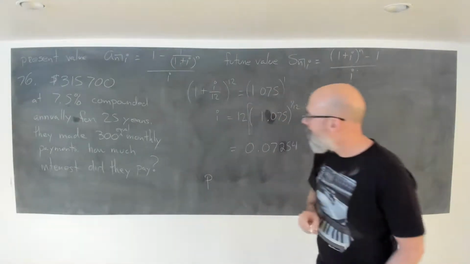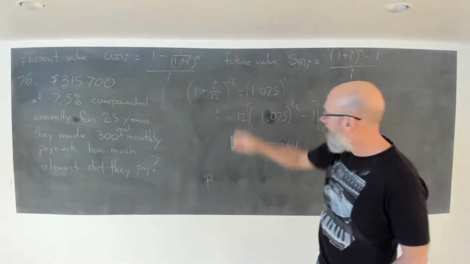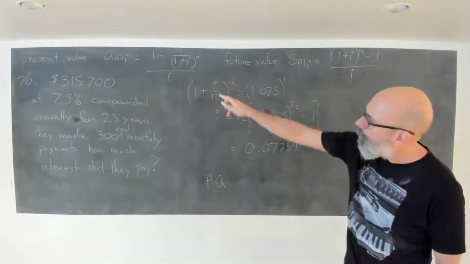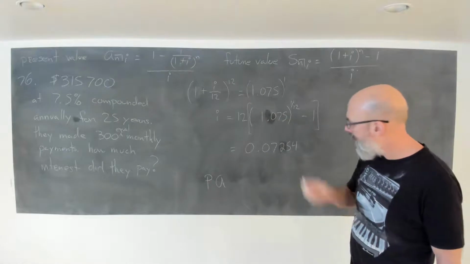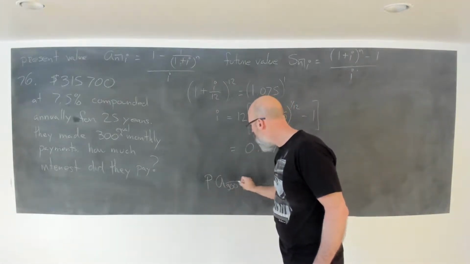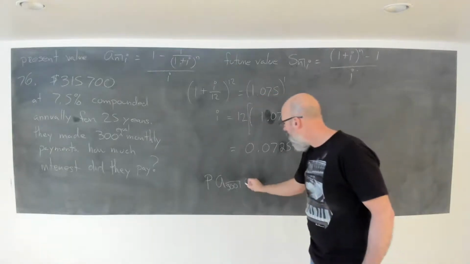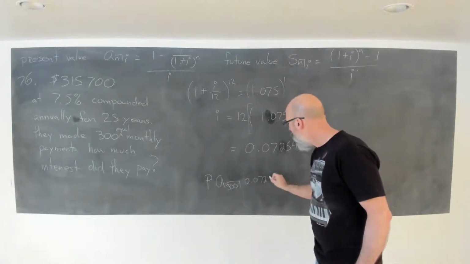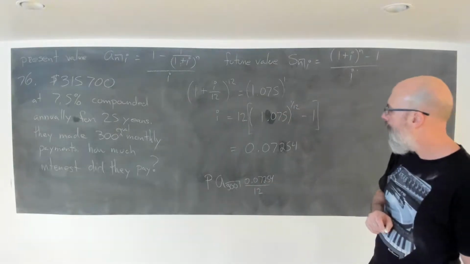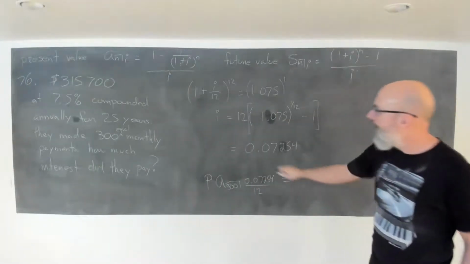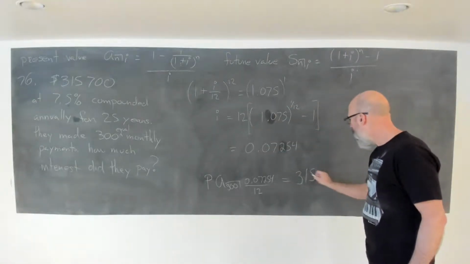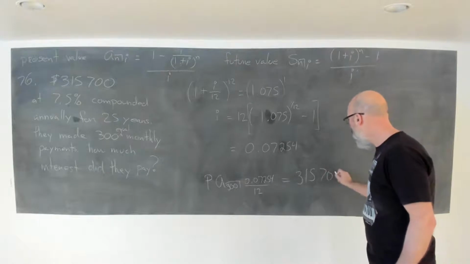You're making payments of P. Here, this is present value, right? Because you're borrowing the money right now. You're borrowing $315,700 right now for 300 months at interest rate 0.07254 divided by 12 every payment period. This is to borrow $315,700.